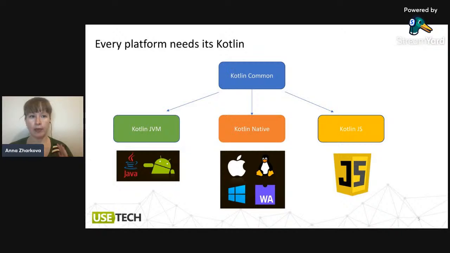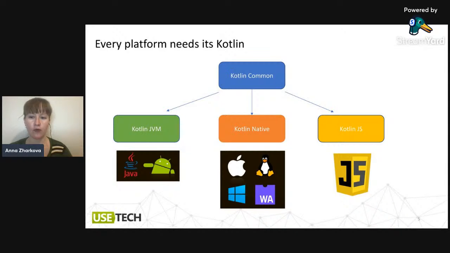Common code and the common module of shared code has a special structure in Kotlin Multiplatform. It uses a common part, and then in this shared code, there are some platform-specific parts. All these parts use Kotlin, but they use a specific version of Kotlin.